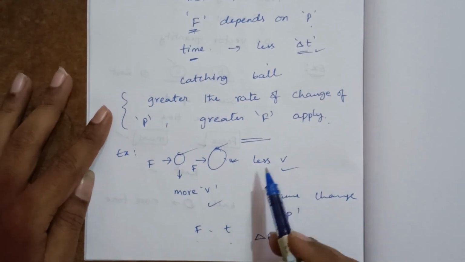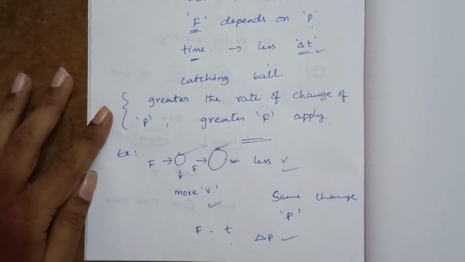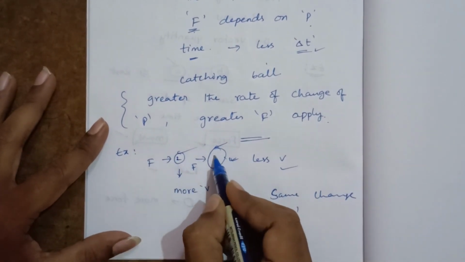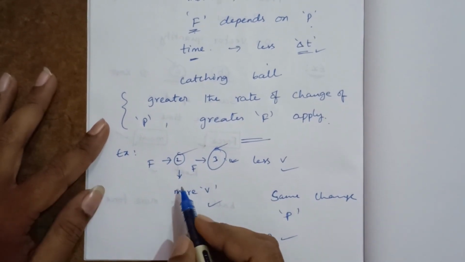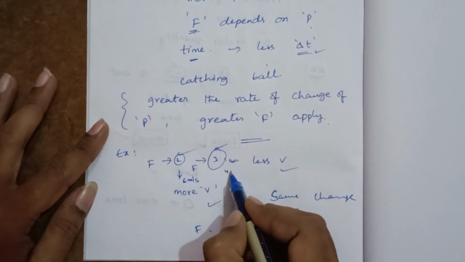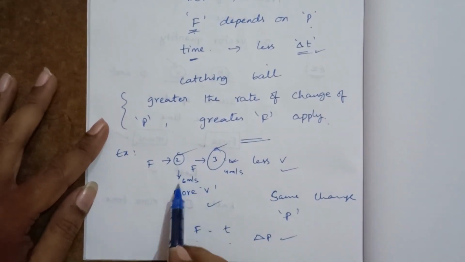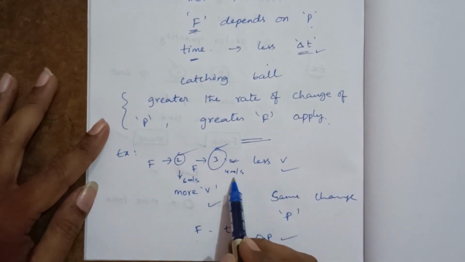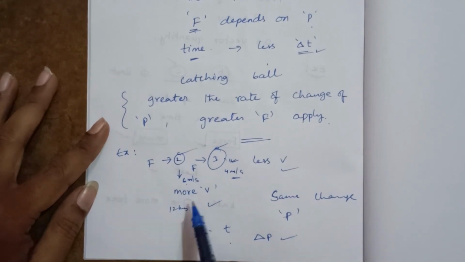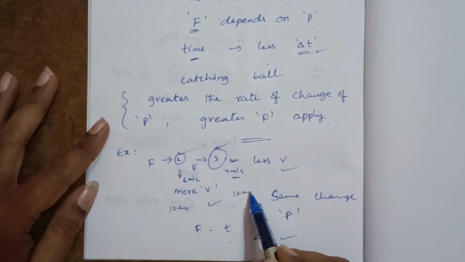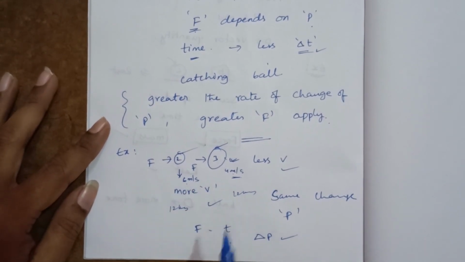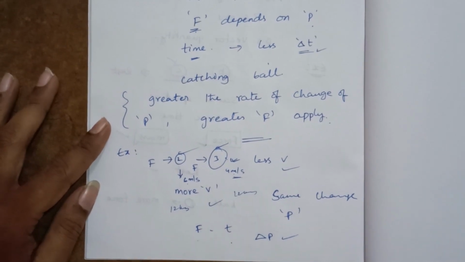Then one will acquire less velocity, one will acquire more velocity, but finally the product will be the same. For example, if the masses are 2 kg and 3 kg, whenever force is applied they get 6 meter per second and 4 meter per second. So 2 into 6 is 12 kg meter per second, and 3 into 4 is 12 kg meter per second. So whenever the same force is applied, the change in momentum is also the same for different masses.